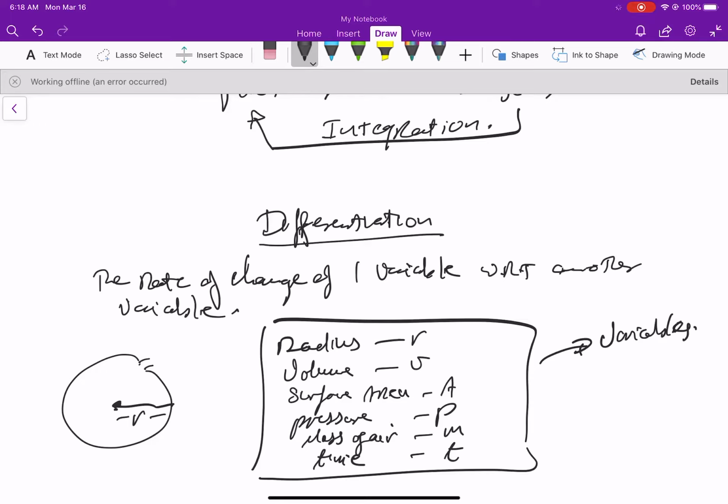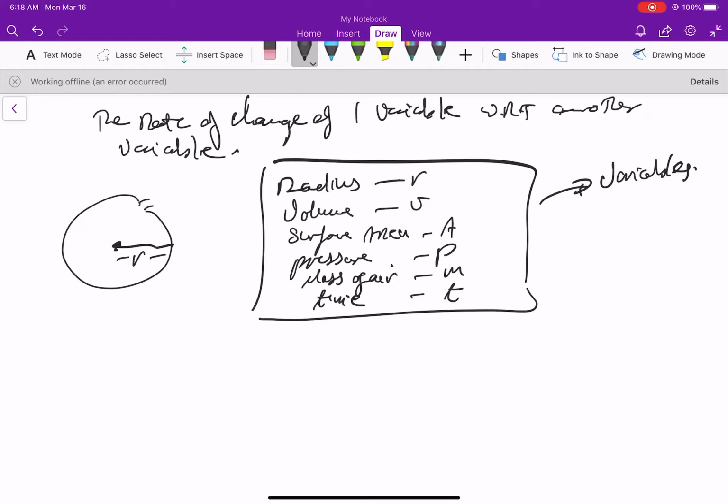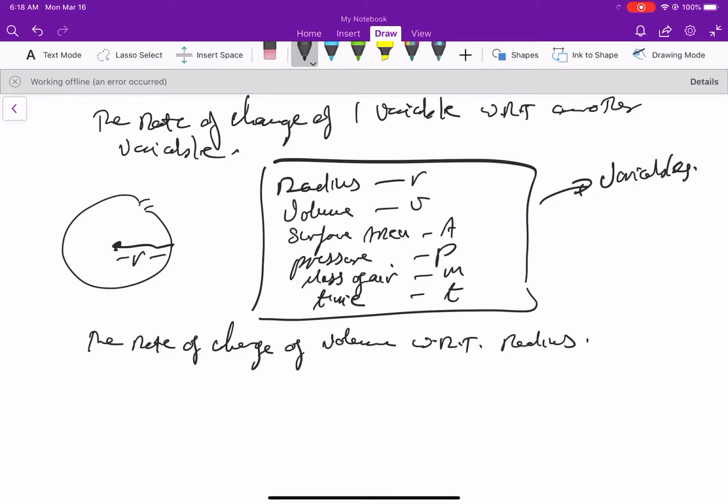If we wanted to measure the rate of change of any one variable with respect to another, effectively we would be finding a derivative. For example, if I wanted to know the rate of change of volume with respect to radius, the notation for this is pretty straightforward.